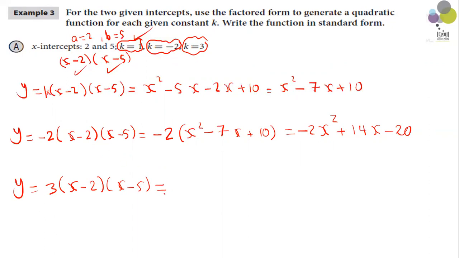And in this one, you will multiply the first by the second. We multiplied it before, so we have 3 multiply x squared minus 7x plus 10. So it will be 3x squared minus 21x plus 30.